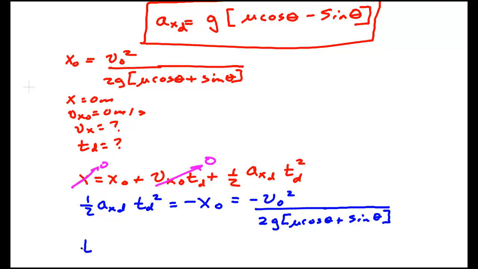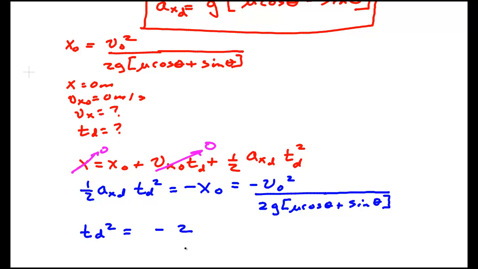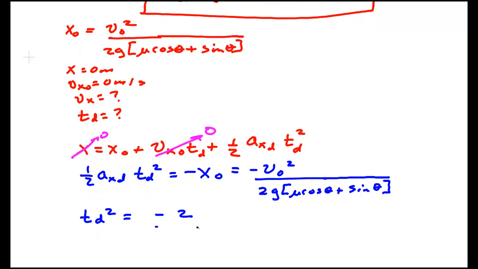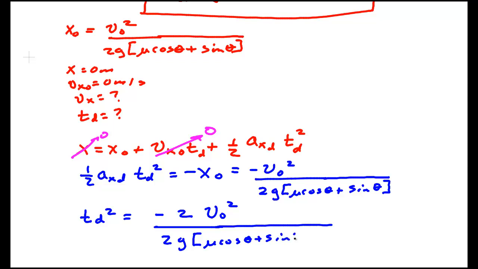And that means TD squared is going to be, I'm going to bring a 2 over here, so minus 2 times v naught squared over 2g, and then I'm going to have this mu cos theta plus sine theta, and another g, and then I'm going to make sine theta minus mu cos theta so that I can pull the minus sign out so that I can cancel this minus.